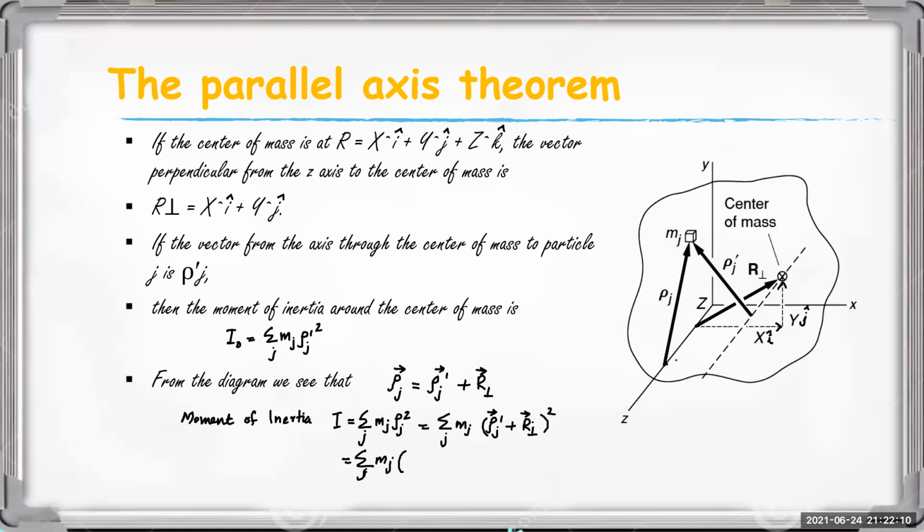When we write rho j dash plus r perpendicular whole square, after expanding it, the vector must be converted into a scalar.